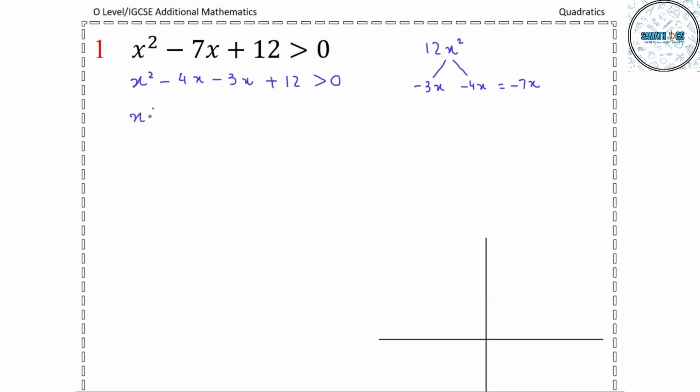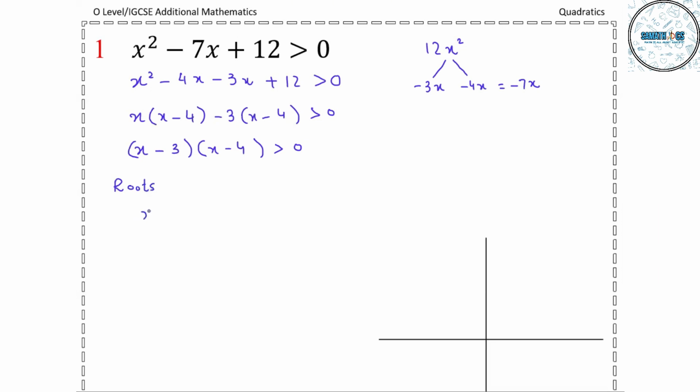Then x is common, (x minus 4) minus 3 is common, (x minus 4) is greater than 0. Then we have (x minus 3)(x minus 4) greater than 0. After this step, you are not supposed to do the same thing which we do in equations, writing x minus 3 is greater than 0 and x minus 4 is greater than 0. Instead, we have to take out roots.